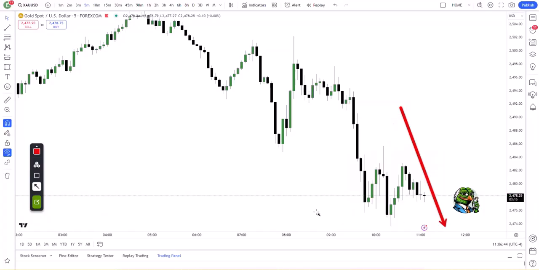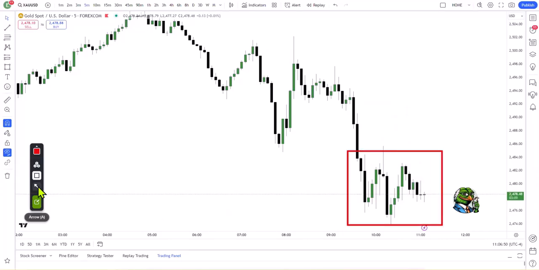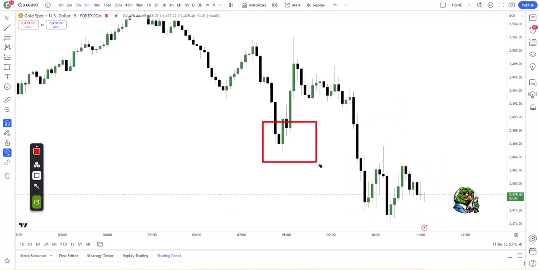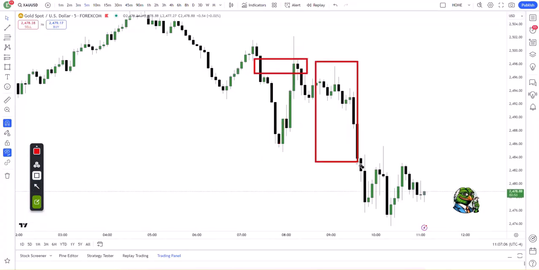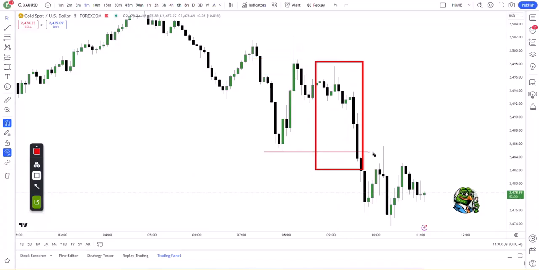Because we've had consolidation down here, that invalidates the setup. In contrast to this, where we don't have a consolidation, we have a pump up, where we have an impulsive move back up to the fair value gap for a move down, and you're targeting the low of that swing, or 50 pips minimum.